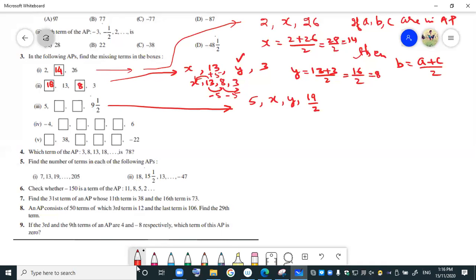This is the first term, so the first term is always a equal to 5. And this is which term? First, second, third, fourth term. So the fourth term will be a plus 3d. A plus 3d is equal to 19 by 2. These are the two given conditions in this question.